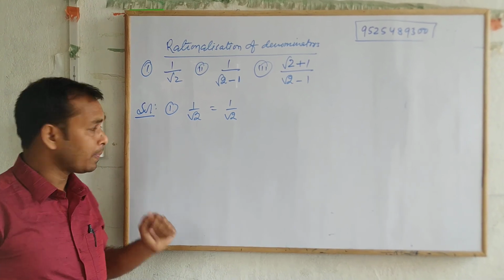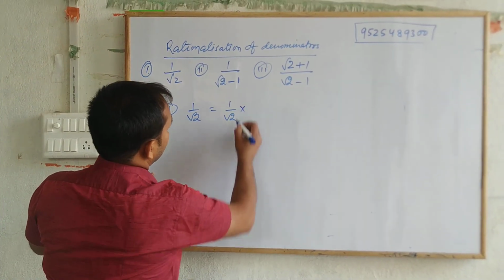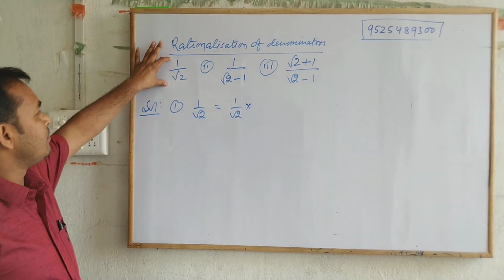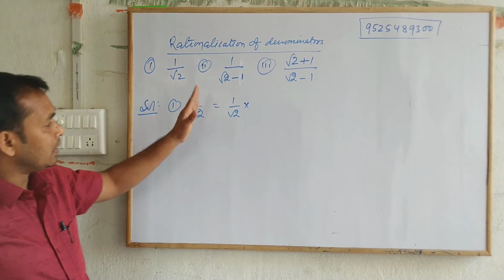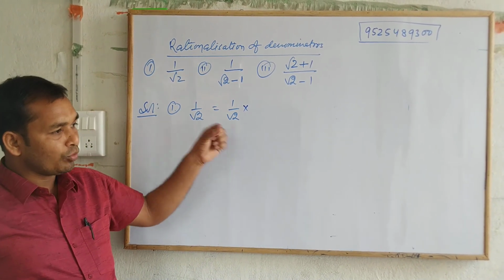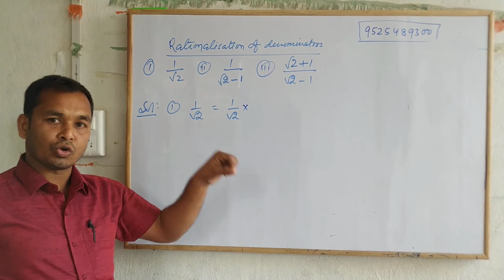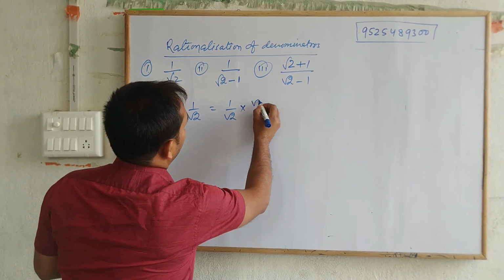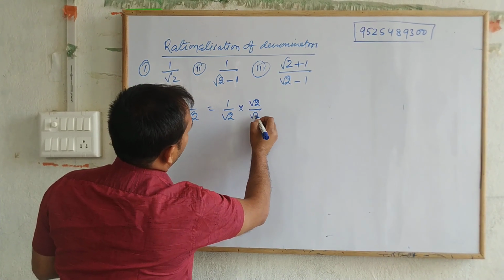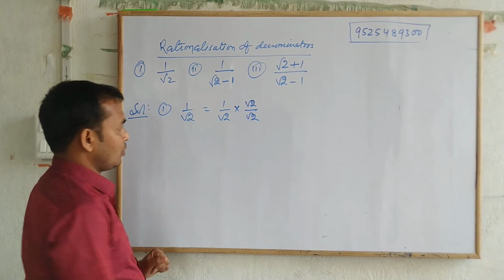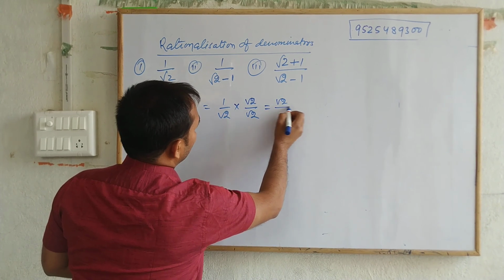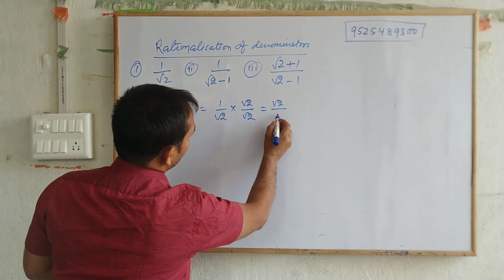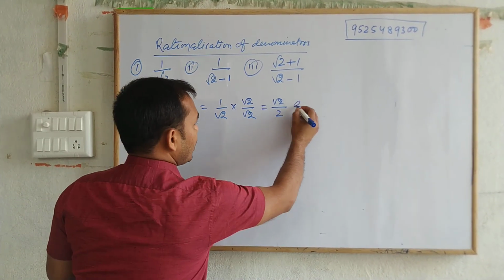In this condition, we have to multiply numerator and denominator both by the denominator. Here the denominator is root 2, so multiply by root 2 in numerator and root 2 in denominator. So root 2 by root 2 into root 2 will be your answer.